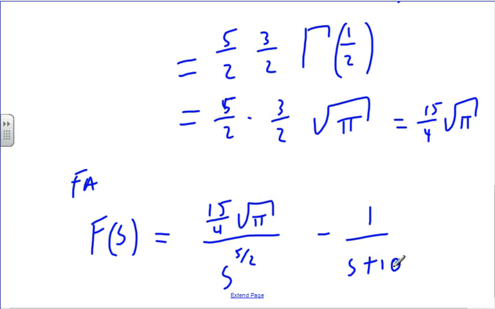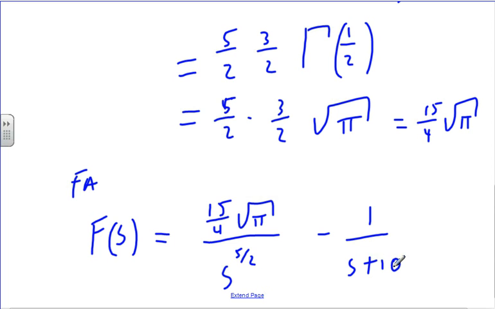How'd you get the gamma of 5 over 2? Because in your Laplace transform table, on page 271, it says that the Laplace transform of t to the a is going to be the gamma function of a plus 1 divided by s to the a plus 1.